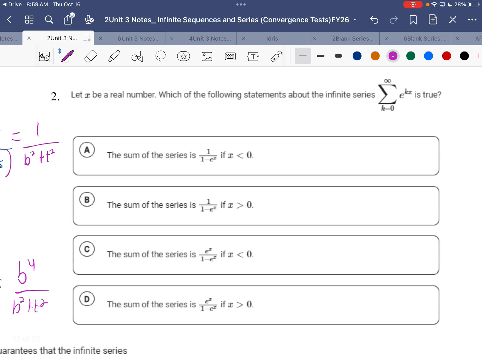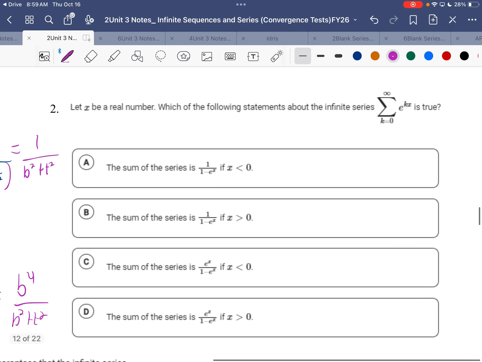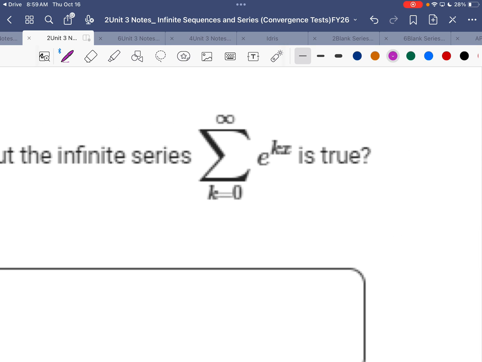All right, 2. Again, it's talking about the sum, so you have to make sure that this series converges. Which of these two variables in the exponent for e is the thing that's usually what n is? K or x? K, because that's what we're starting at. So this sum I would rewrite as e to the x raised to the k.